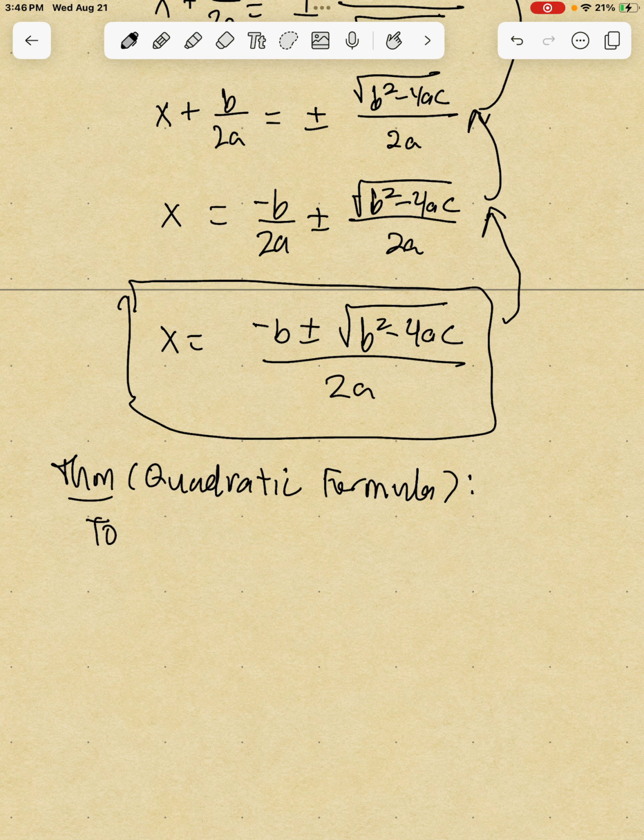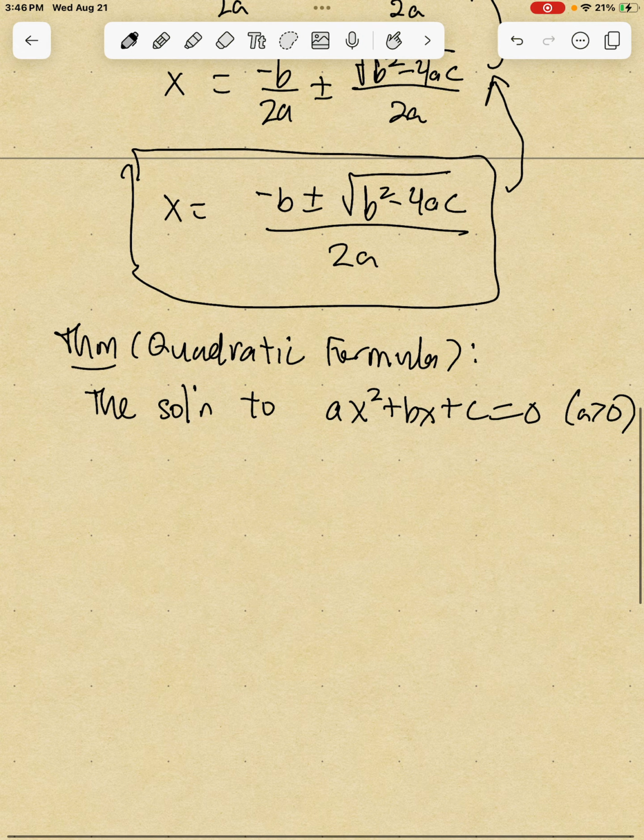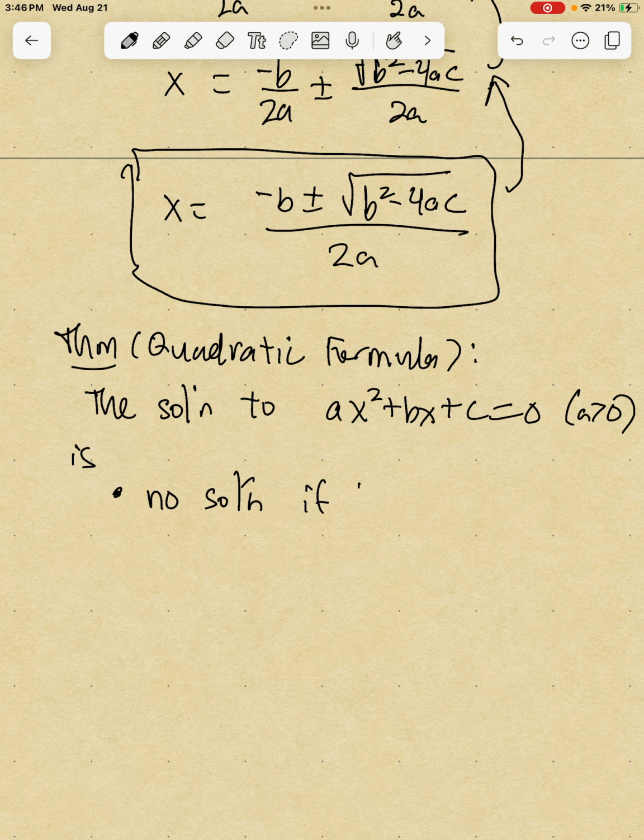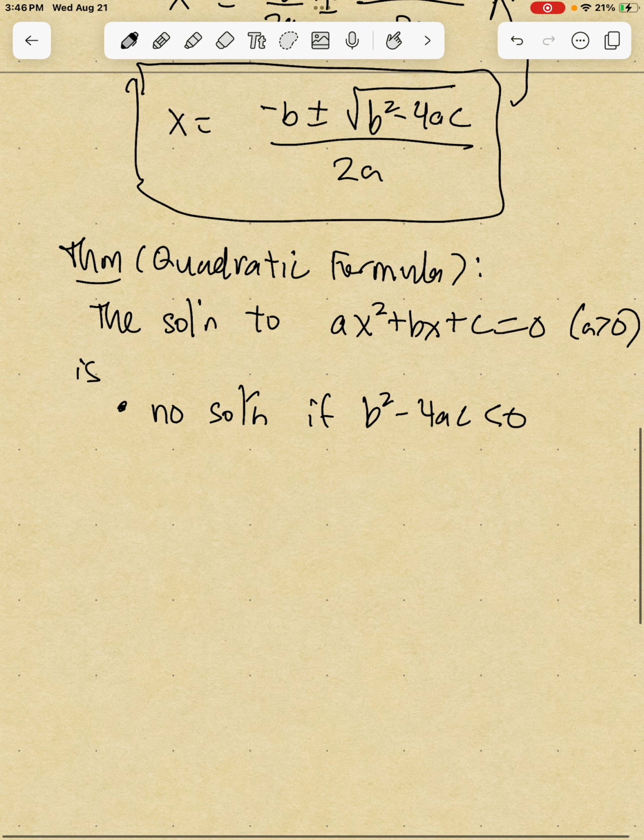The solutions to ax squared plus bx plus c equals 0, where a is positive, is, well, there's no solution if b squared minus 4ac is negative, and I mean no real number solution.